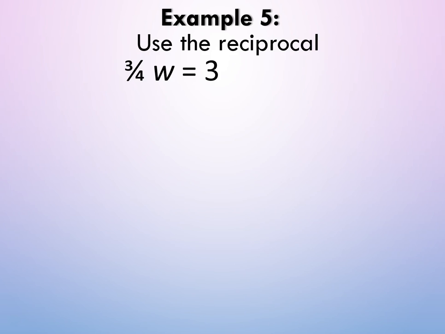I have a fraction being multiplied. So why do we use the reciprocal? It's a shortcut. I'm going to explain to you real briefly. So 3/4 is being multiplied by w. Okay, how do I get rid of multiplication? It's by division.